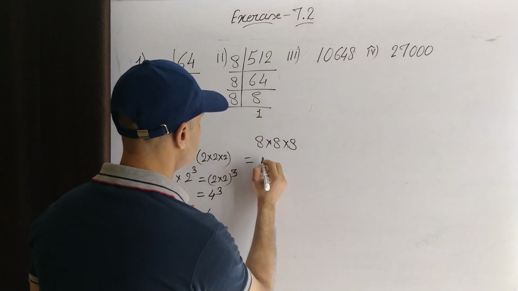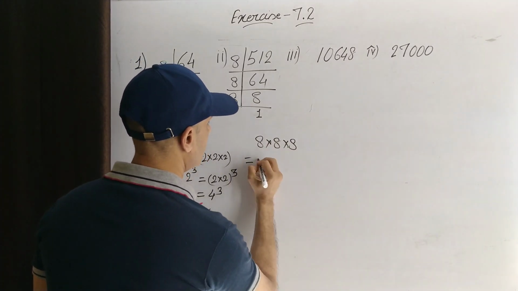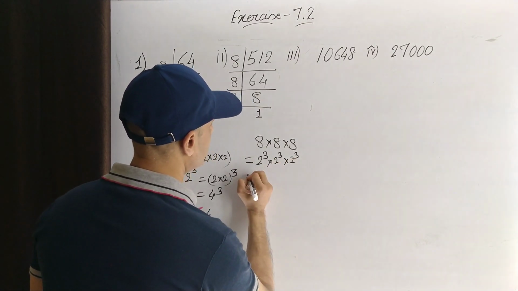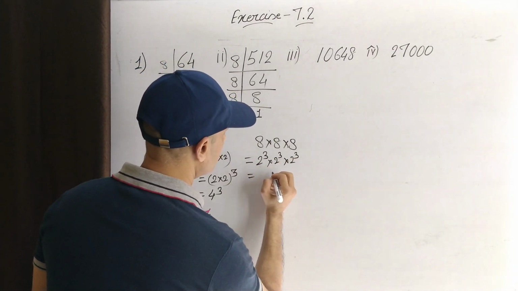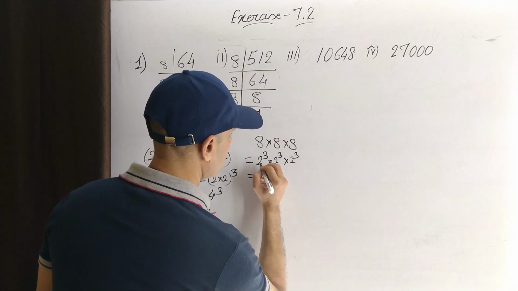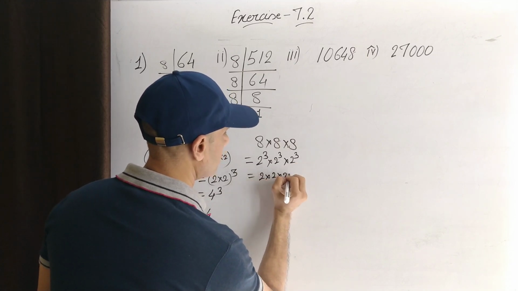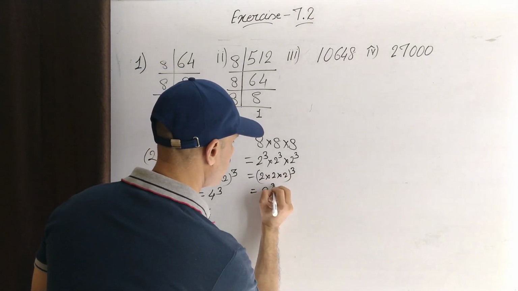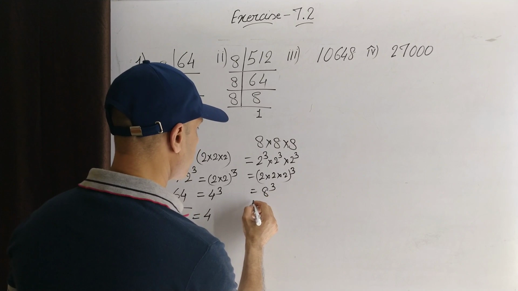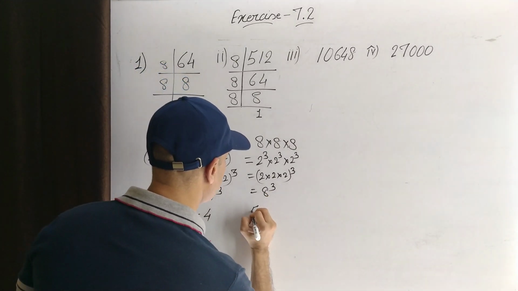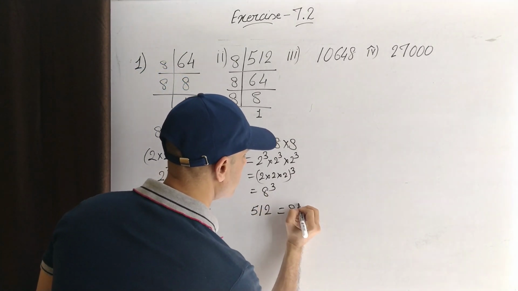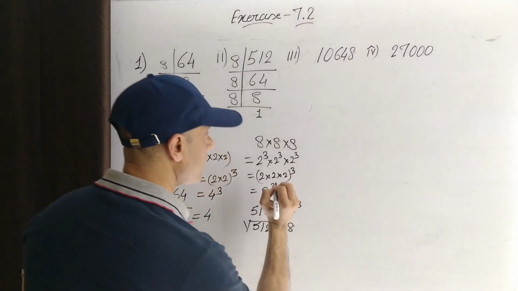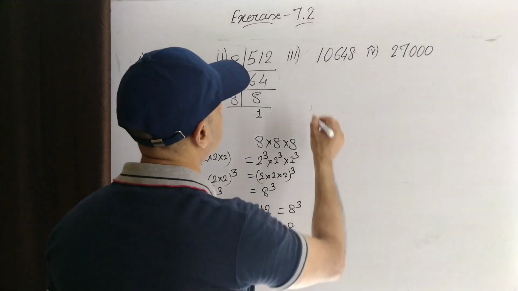Okay, that means 2 cube into 2 cube into 2 cube, that is 2 into 2 into 2, 4 into 2, 8 cube. So we have got 512 is equal to 8 cube. So cube root of 512 is equal to 8. Clear?